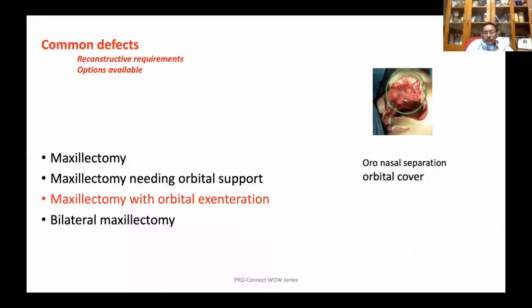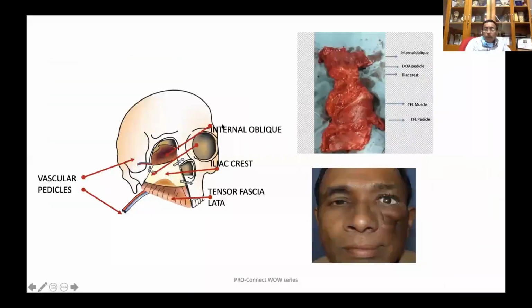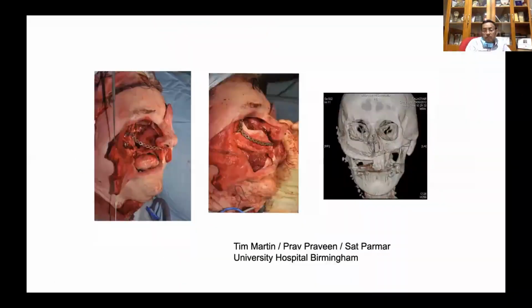Now, coming to maxillectomy with orbital exenteration, apart from the oronasal separation, your requirement is full orbital coverage for the whole defect, out of which I would say the commonest method can be a soft tissue free flap like an ALT or rectus abdominis flap, or you can use complex methods like this, which we described: the composite flap of iliac crest with the internal oblique with the rectus with the tensor fascia lata, providing bony support for ocular prosthesis, or this method.